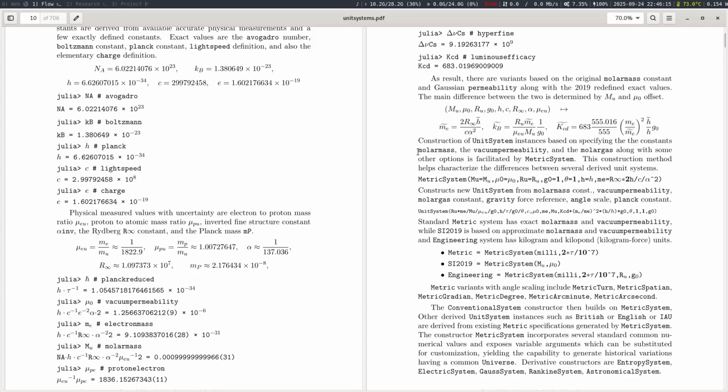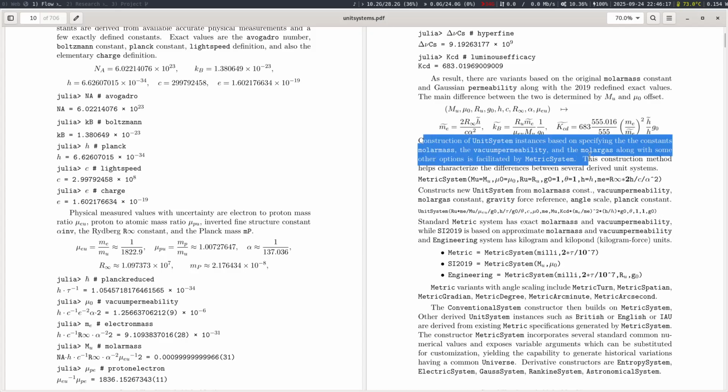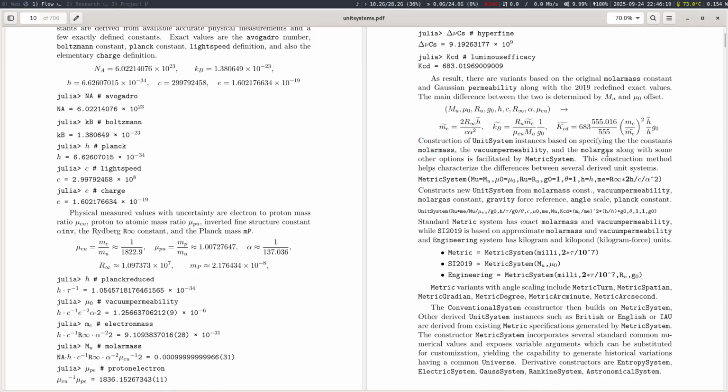So this construction of the unit system is based on constants, and it helps characterize the difference between several derived unit systems. When you plug in different things here, it produces similar unit systems, but you can tweak them by just tweaking one of these numbers. These are measurements, right?